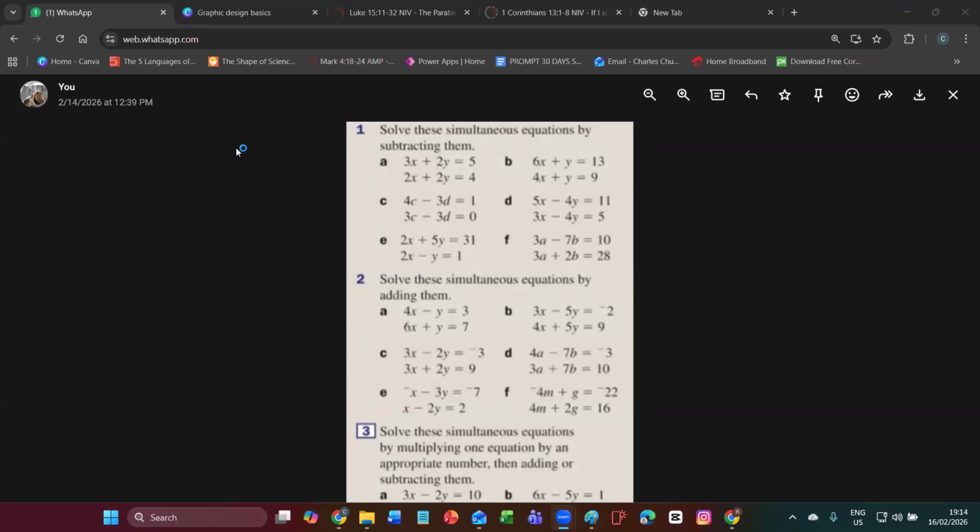Now, why the word simultaneous? I'm sure if I ask you what simultaneous means, I'm not too sure what you would say. But do you have an idea of the meaning of the English word simultaneous? What comes to your mind when you hear that word? Wait, can you repeat the word?